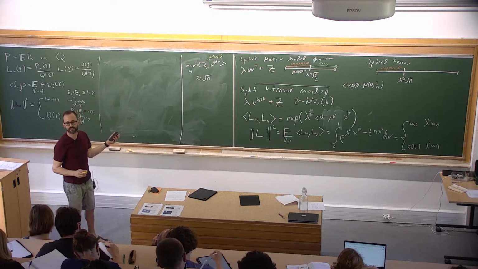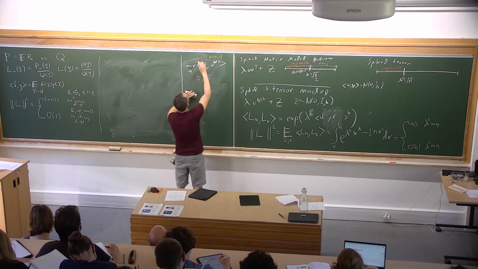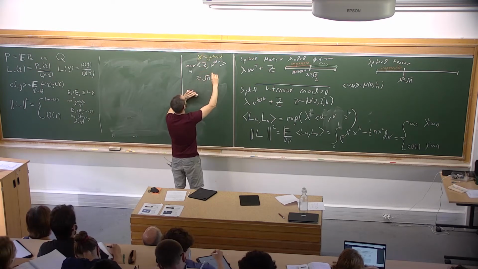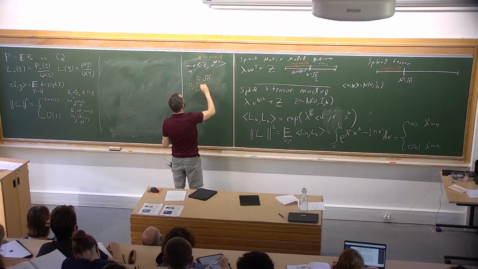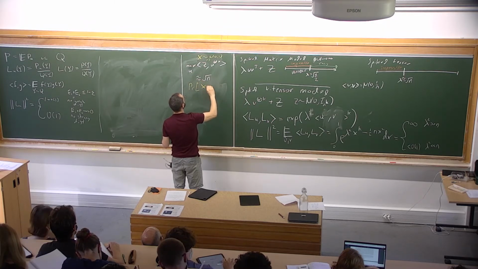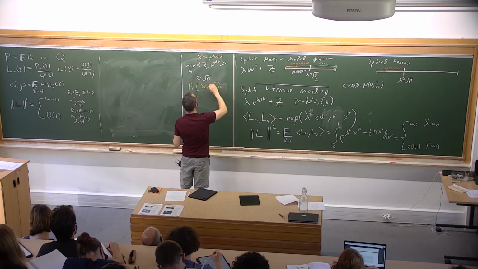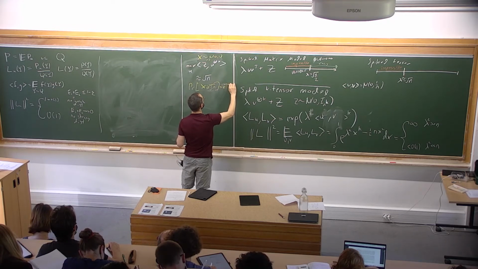So this random variable, let's call it x, is distributed like a standard normal. So the probability that x is larger than, say, 100 square root n is like e to the minus 100 squared n.